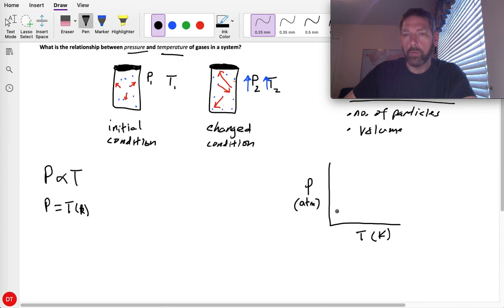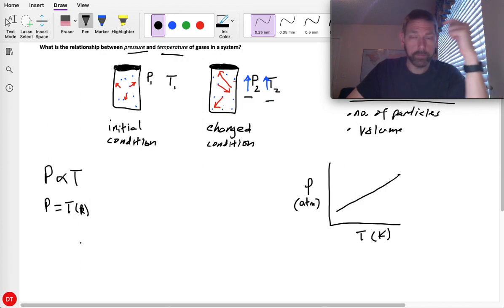And so we would get something that looks sort of like that. From our understanding of basic concepts, we get something very linear, and we would get a curve that would resemble something like this on a graph.